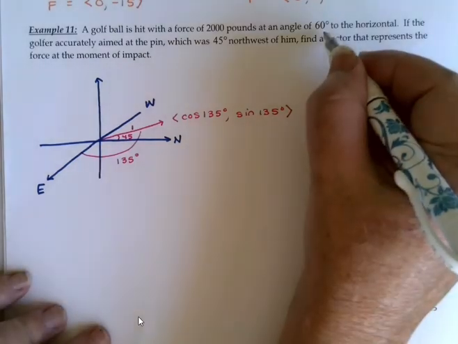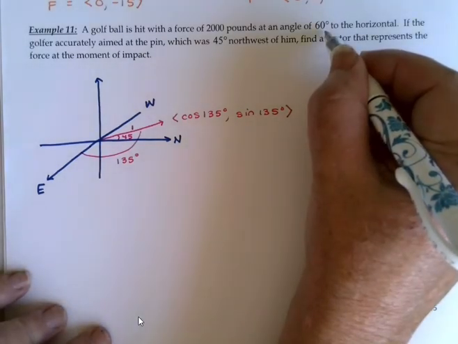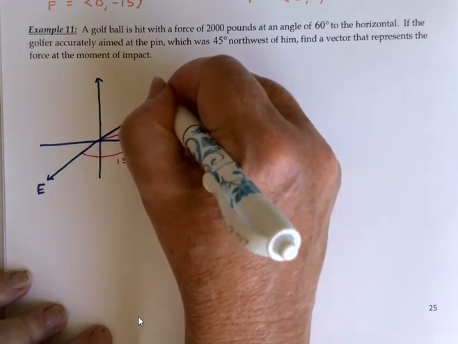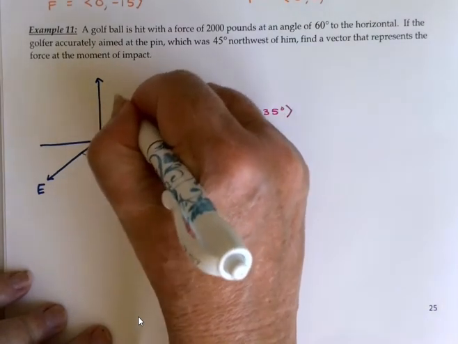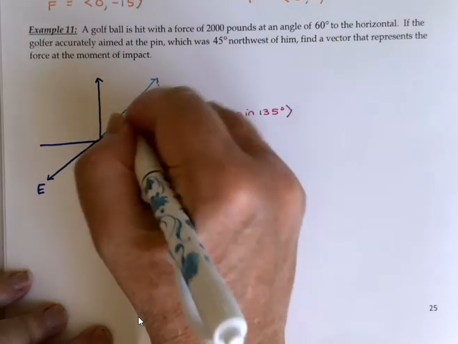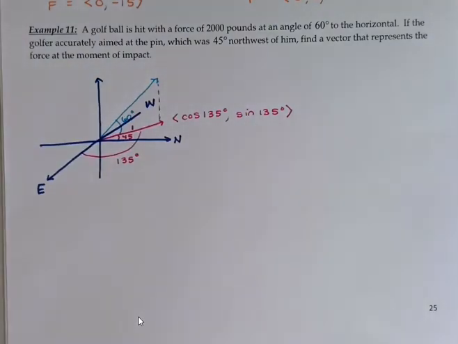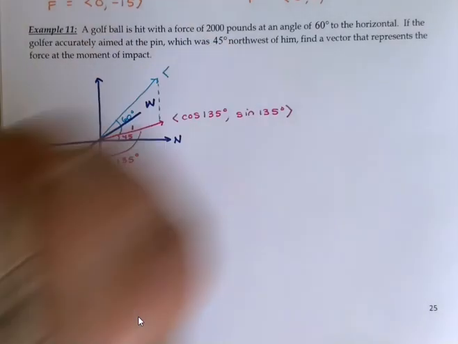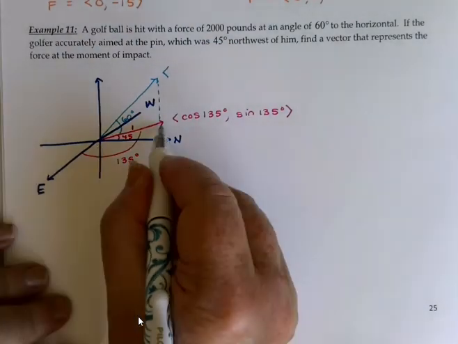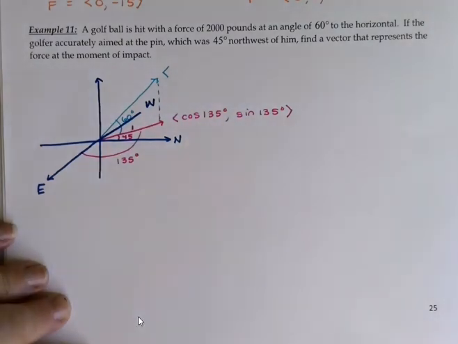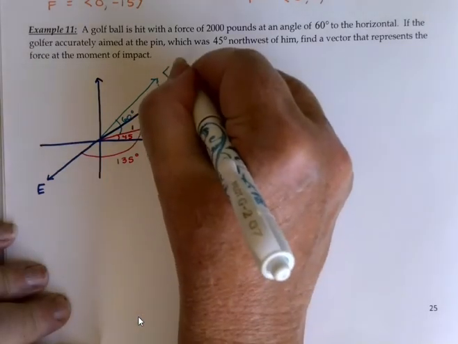All right, I now need to angle this 60 degrees to the horizontal. So I'm going to imagine going up at a 60-degree angle. And just like the last three-dimensional problem that we did, I've gone straight up from here. So the cosine and the sine are still going to be the same for the x and the y. Those haven't changed.